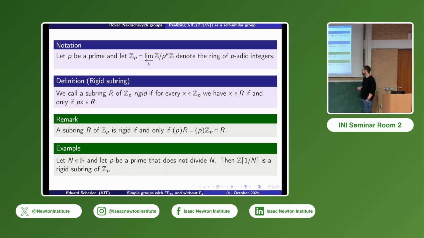Okay. Yeah, and the example that we need of a rigid ring is Z[1/N], where p does not divide N, right? N is invertible in Z_p since p does not divide N. And then it's an easy exercise to show that it is in fact rigid in this way. Okay.